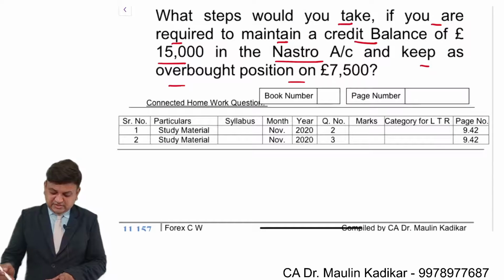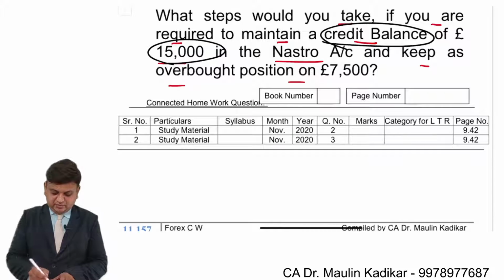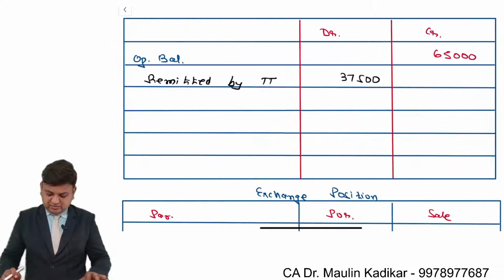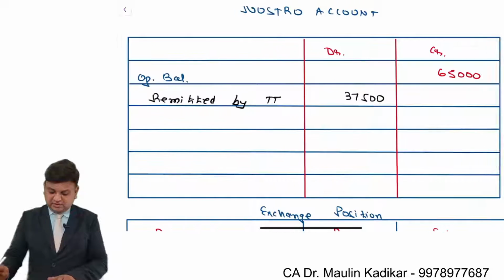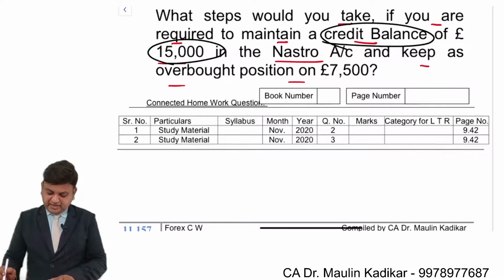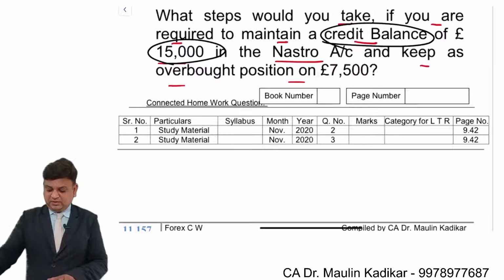The question further says, what steps would you take if you are required to maintain a credit balance of 15,000 pound? That is the question. So use your calculator. 65,000 minus 37,500, it is 27,500. And you want to have the balance of only 15,000.